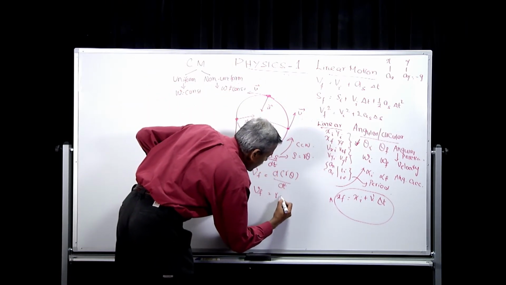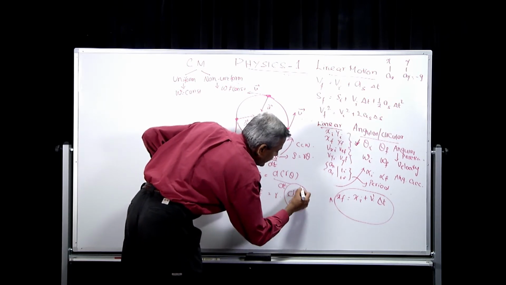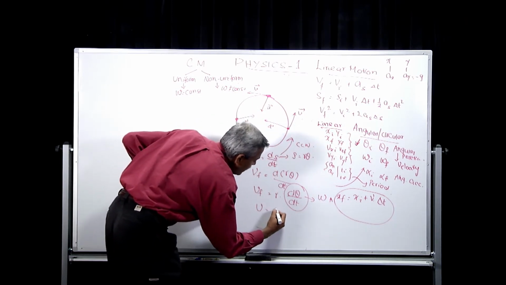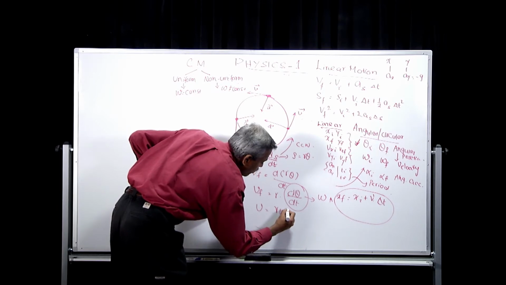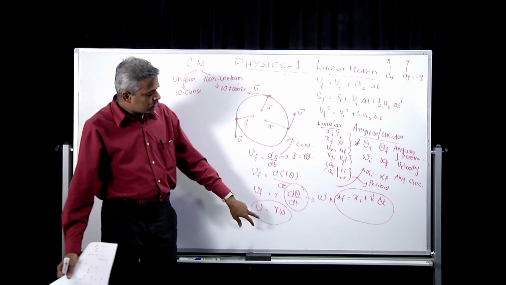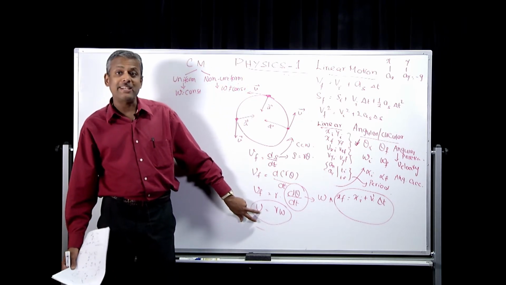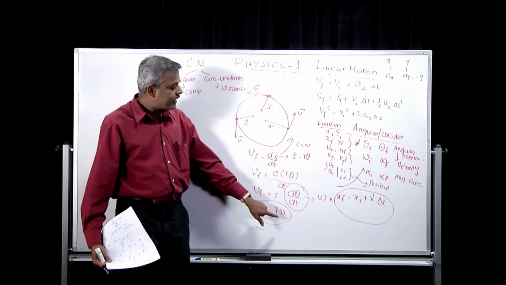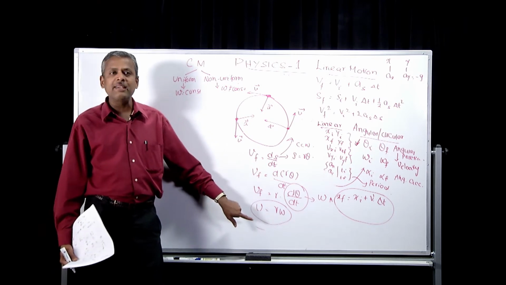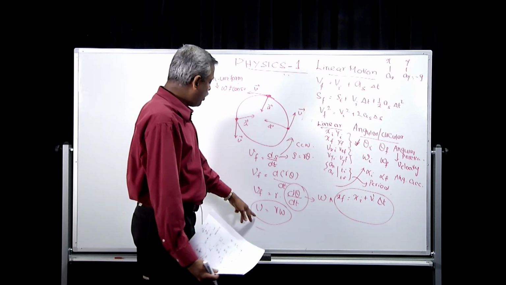You can separate the r out and say r d theta/dt. d theta/dt is your angular velocity. So my velocity is equal to r omega. Again, the physics tells me the linear quantity on the left hand side is linear velocity, the right hand side is the angular velocity. I can connect this linear and angular or circular by a radius. If I know my radius, I can work between angular and linear velocities.